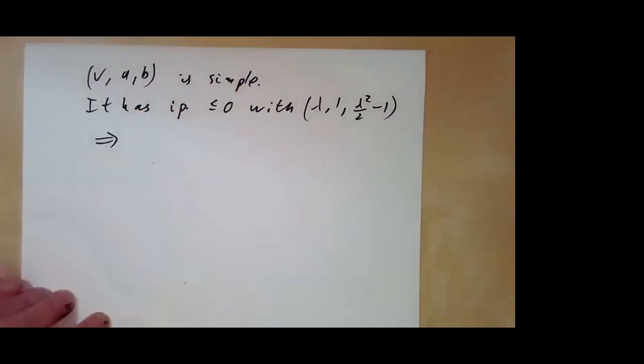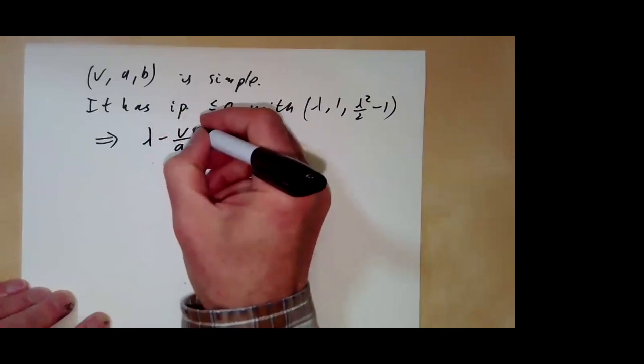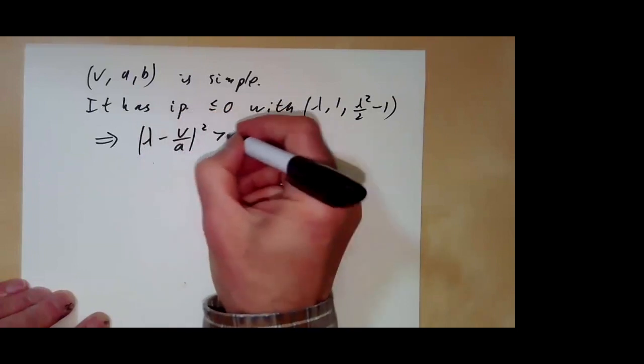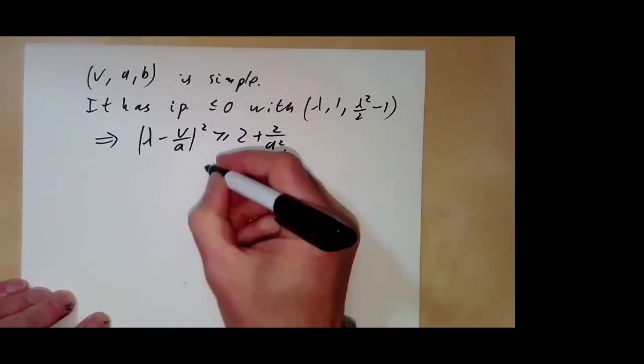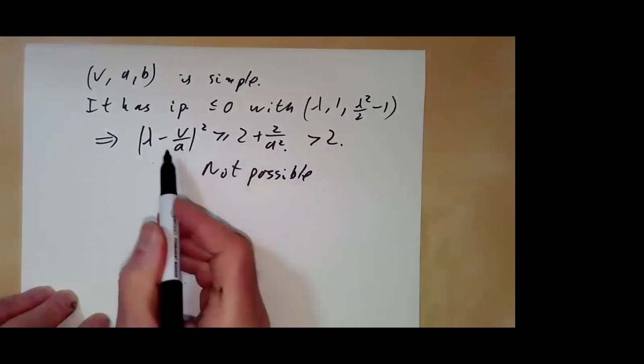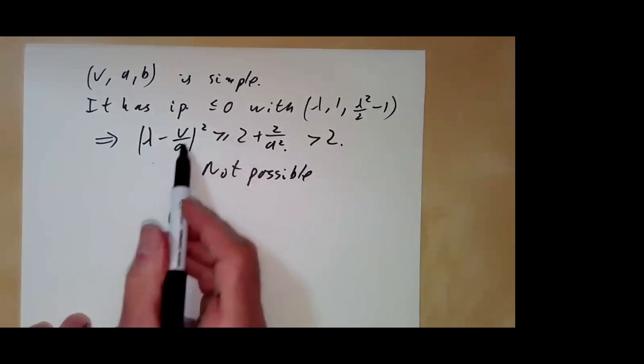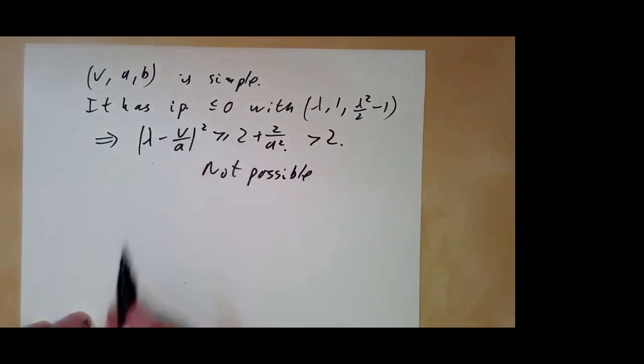And if you turn this into the geometry of the Leech lattice, it turns out to say that (lambda minus v over a) squared is greater than or equal to 2 plus 2 over a squared, which is not possible because this is greater than 2, and the Leech lattice has covering radius root 2, so there are no vectors v over a with this property. So the fact that the Leech lattice has covering radius root 2 gives you this amazing fact that the Dynkin diagram of the 26-dimensional Lorentzian lattice is the Leech lattice.